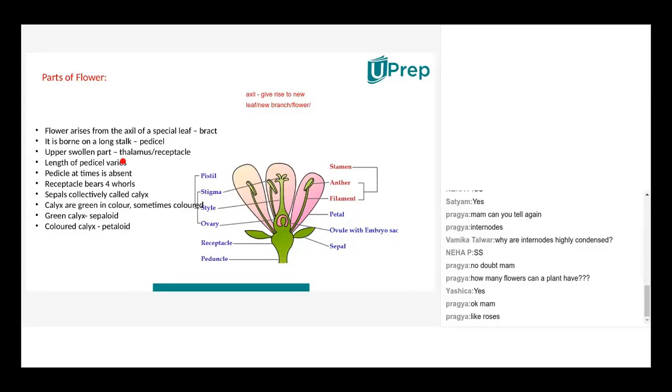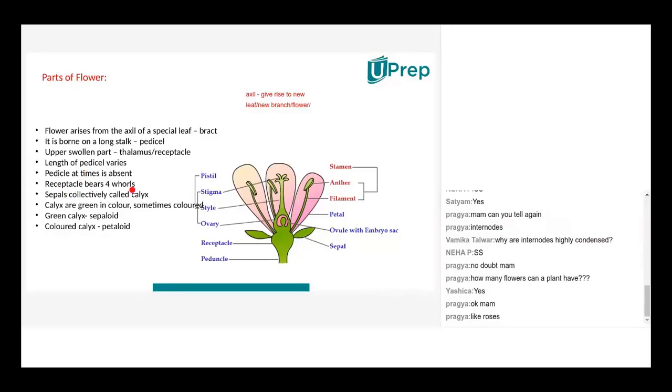Rose flowers have long pedicels. But there are certain flowers which will have very short pedicels. You will hardly get any space to hold the flower. At times pedicels are also absent. These flowers are rare, but there are certain flowers which do not have pedicels. You can hardly hold the flowers.